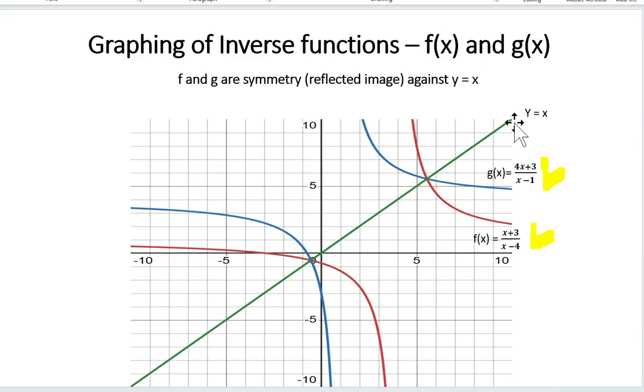And now, against y equals x, exactly, the original function and the inverse function g of x are mirror images reflected on each other. So this and this, and this and this, and again this side, the same.